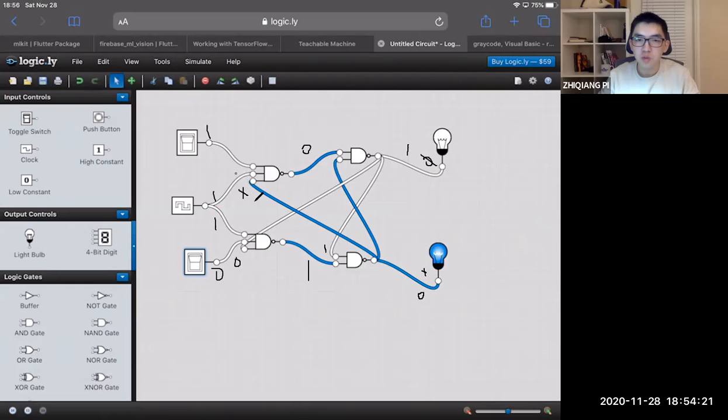This will be set to 0 because Q naught became 0, and this became 1 because Q became 1. What this means is that this is going to remain as 1 because K is 0, and the output at the top is going to become a 1 because there's a 0 input now.